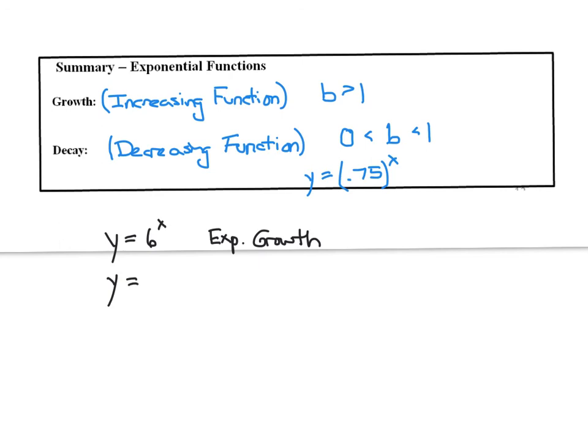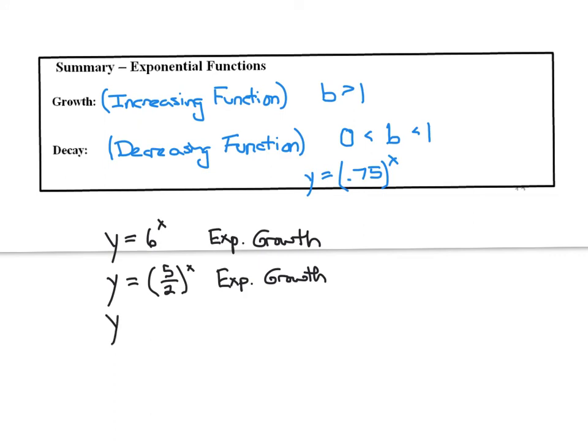If I have the function y equals 5/2 to the x power, while that's a fraction, its value for the base is bigger than 1, so since the b is bigger than 1, this function would also represent exponential growth.